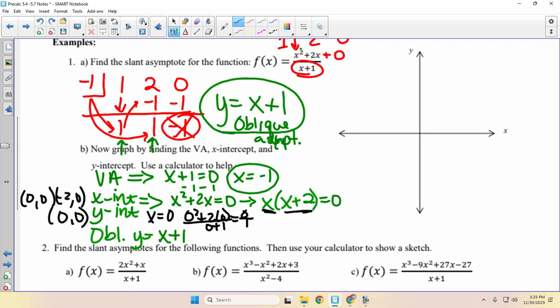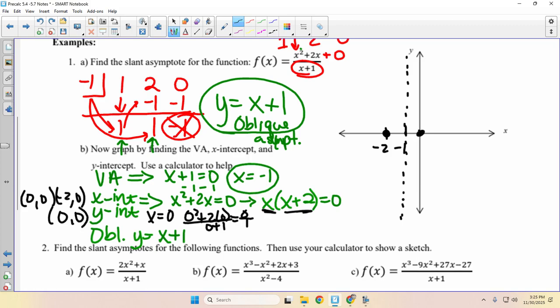So our vertical asymptote is at x equals -1. So we're going to put up the wall there. And then our x-intercept is at 0, comma 0, right here, and at -2, comma 0, right here. And then our oblique asymptote is at y equals x plus 1.